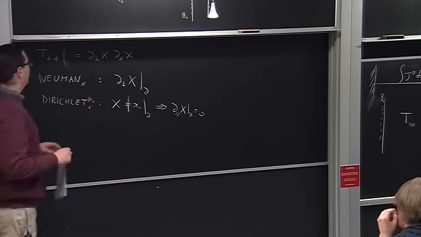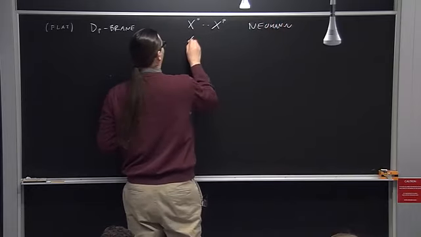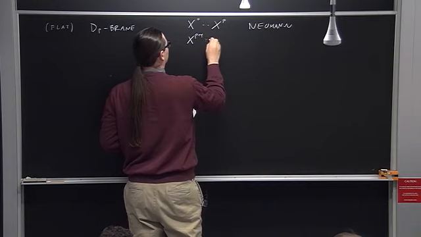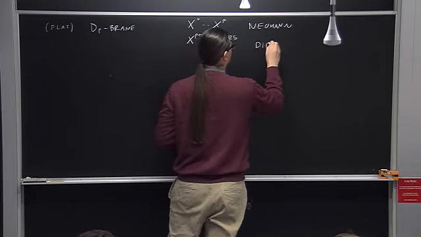So this is usually called a flat Dp-brane, where you take, say, the first p+1 fields to have Neumann boundary conditions, and the remaining fields to have Dirichlet boundary conditions.